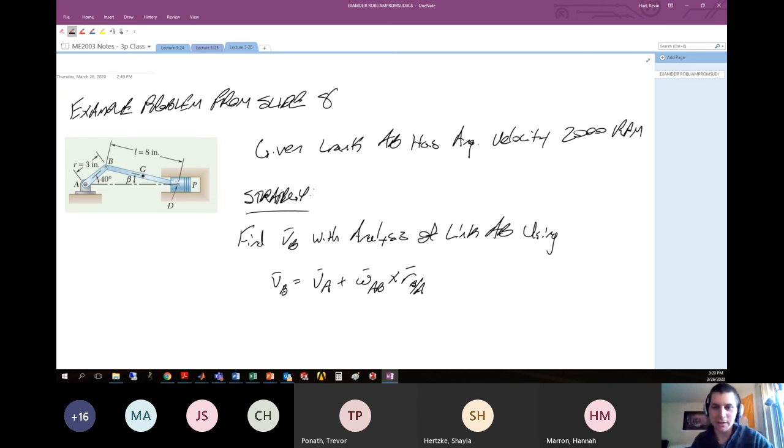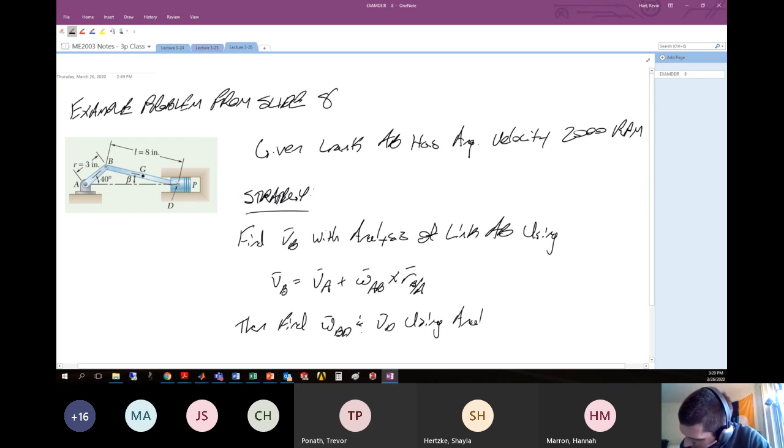Okay, then once we determine what the velocity at point B is, we're going to move our analysis to the analysis of link BD. So then find our angular velocity of BD and the velocity of point D using analysis of link BD.